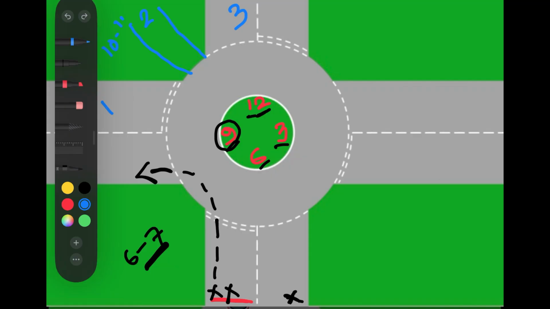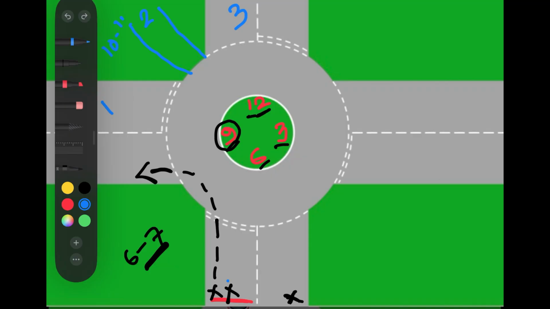Okay, so as we are coming, and then if we are taking second exit this time, we are gonna follow the same principle that we followed for the 12 o'clock position, which is we start from 6 o'clock position, no signaling. Okay, again, we are not talking about lanes and anything, we're just talking about signaling.